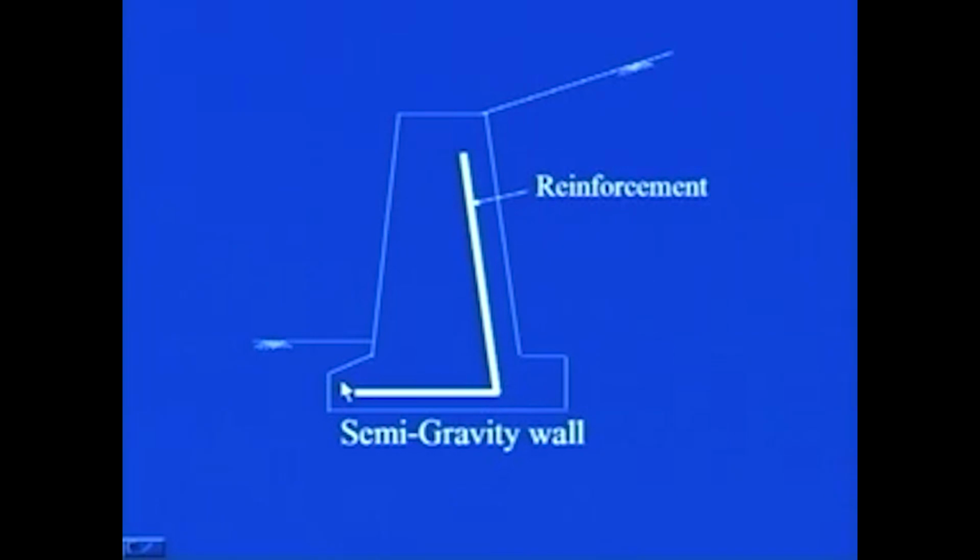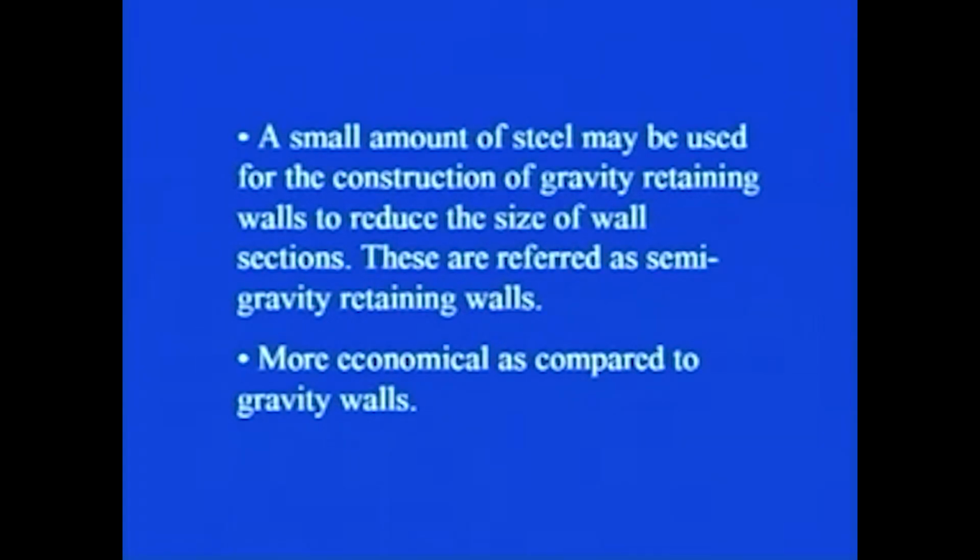So some of the force or pressure is taken by this reinforcement, and so you can go for that much reduction in the weight of the wall, and that is how it is known as semi gravity wall.